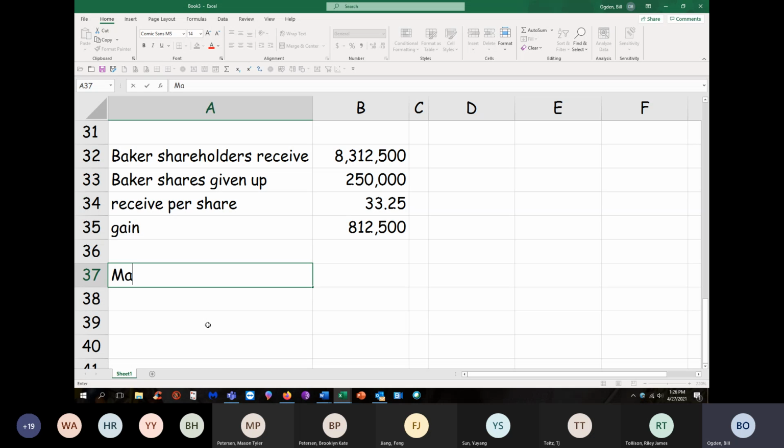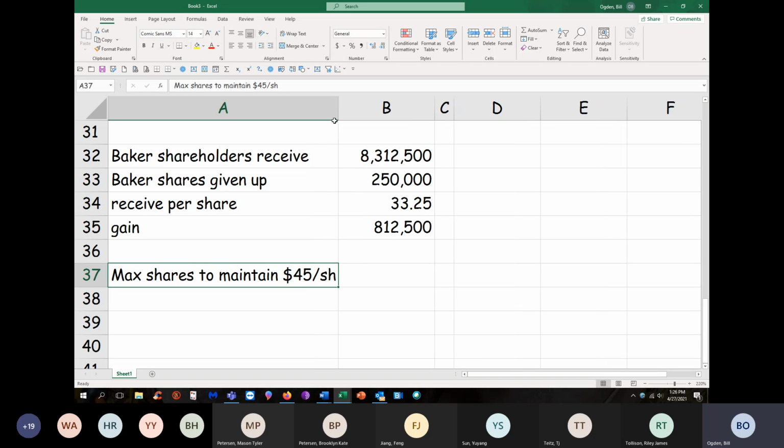So let's see, the maximum number. Okay, let's calculate that. What's the maximum amount of shares this company can have merged with Baker such that the price stays at $45 per share? Okay, well, one more time, how much value are we dealing with here? So let's break this down into its parts.